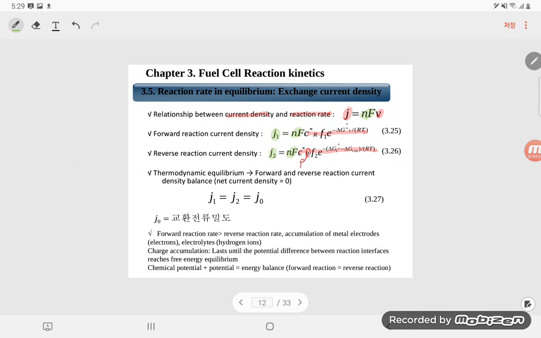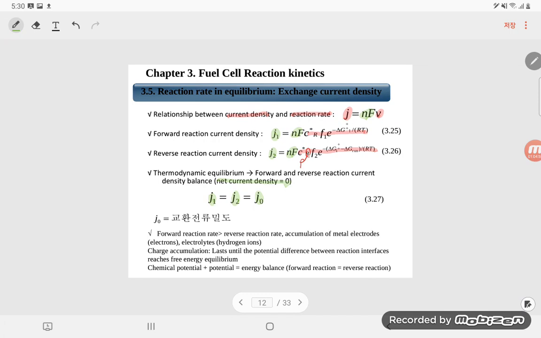Thermodynamic equilibrium means the forward and reverse reaction current densities balance. Then the net current density should be 0, so J1 equals J2, which is J0. Actually, the forward reaction and also the reverse reaction occur, right? But the rate of each reaction is the same.